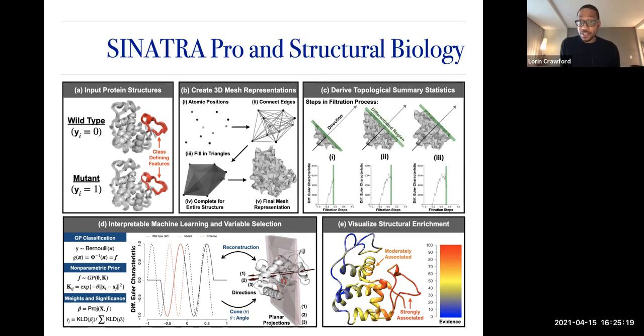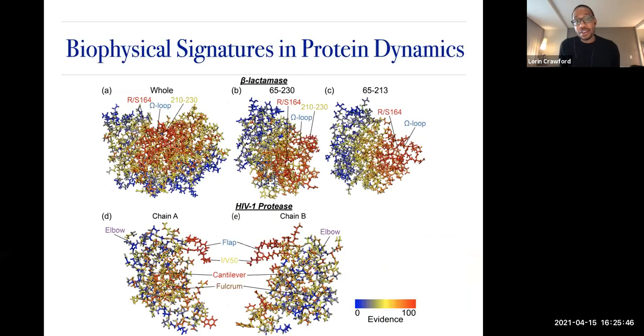And so we've created this thing called SINATRA Pro, which does almost the exact same thing of identifying structural fingerprints, biophysical signatures that are attached to different mutations in proteins. And we've been doing this over a wide range of them and actually recovered a lot of really cool biology. So SINATRA Pro is our first attempt as we inch our way back to medical imaging. And so we've been thinking about this idea of biophysical signatures and protein dynamics. And that's been super fun.